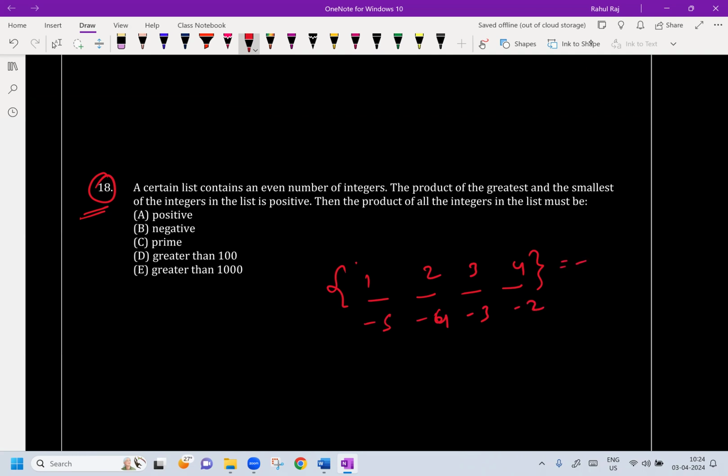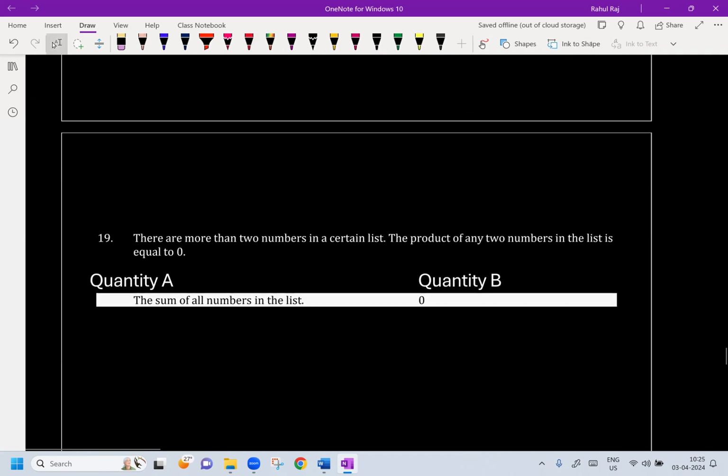It is positive now. They're asking the product of all the integers. The product of all integers is going to be positive, whether you take all negative numbers or all positive numbers. So you can mark A and move on. These are easy questions.